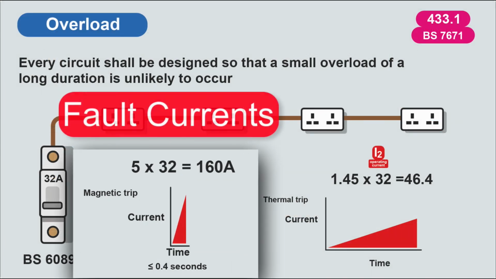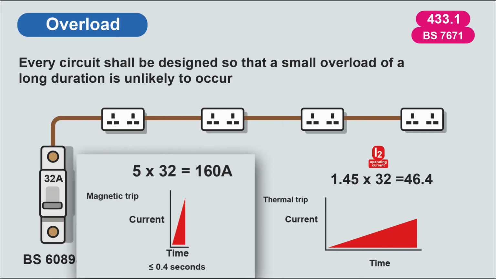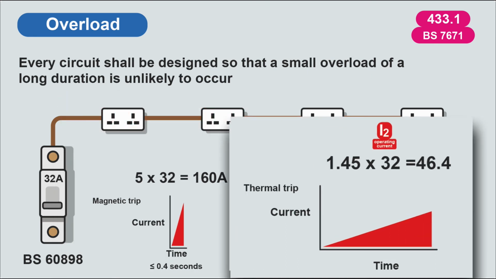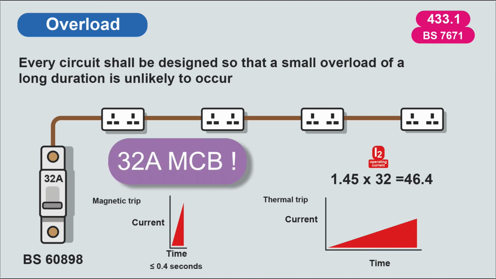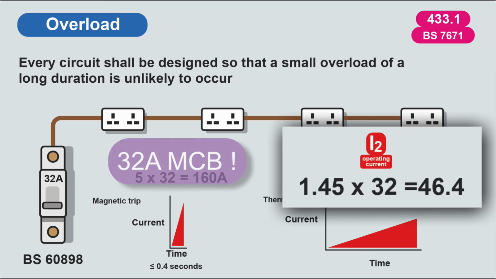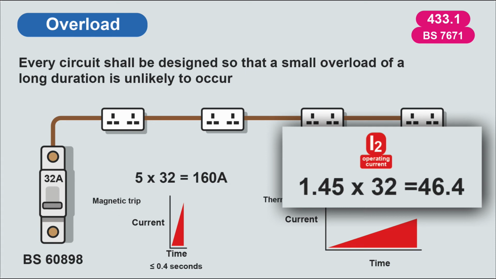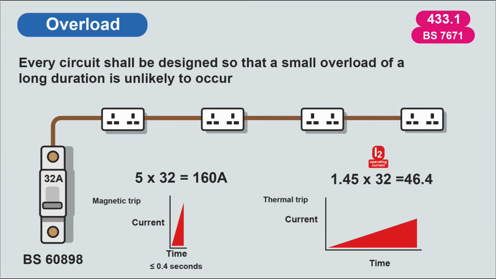The magnetic trip would deal with the short circuit currents, and the thermal tripping mechanism will deal with the overload currents. The current that will cause instantaneous tripping of an MCB is generally between 3 to 5 times its rated current, but an MCB won't trip on 32 amps. We have the operating current of the protected device, known as the I2.